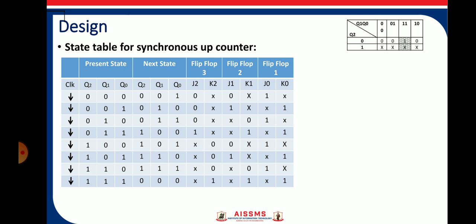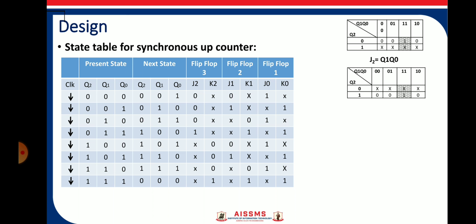This single group contains 2 rows and 1 column. Between these 2 rows, the Q2 value is changing from 0 to 1, but in the column there is no change in the bits, so we consider Q1 and Q0 as they are. So J2 equals Q1 and Q0. Similarly, the K-map for K2 is exactly similar to J2, so K2 equals Q1 and Q0.